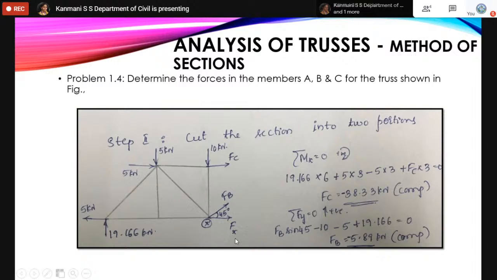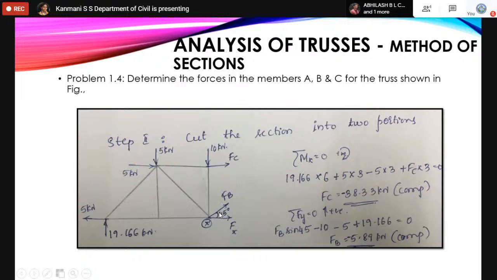If I apply sigma Fx equal to 0, this horizontal force will come into the picture and it will make life horrible and kill the time. So straight away take sigma Fy equal to 0. Then you will not get FC or FX. Straight away, you will get FB and all other external forces.